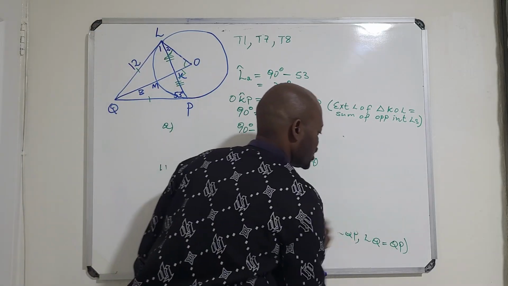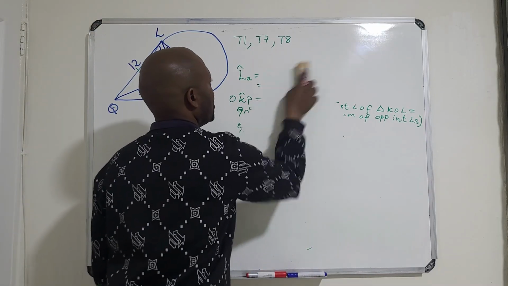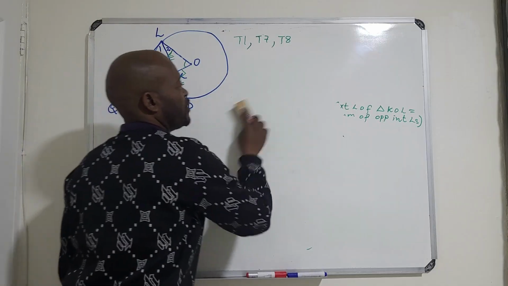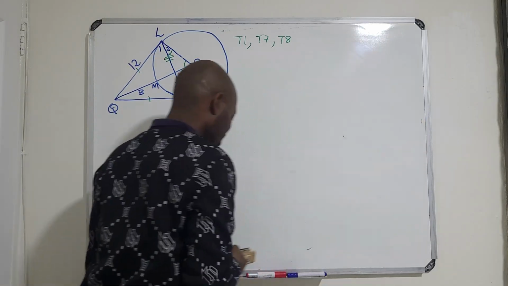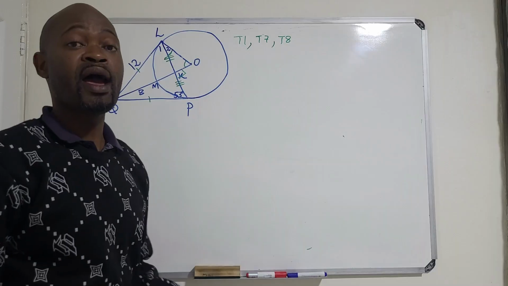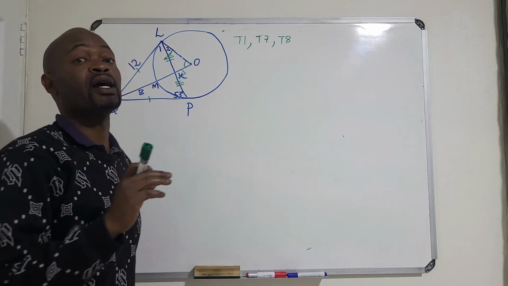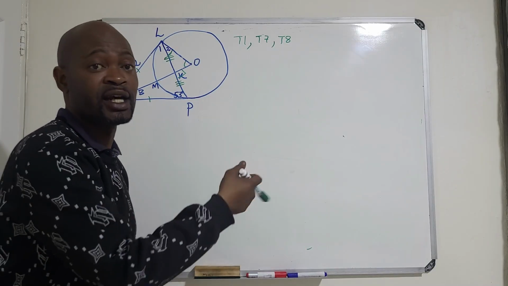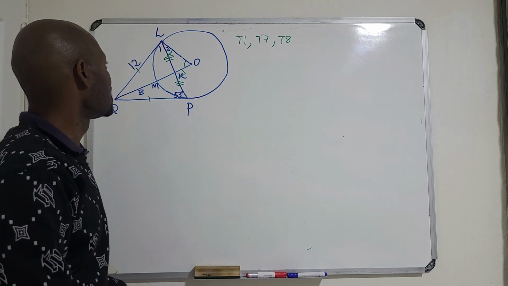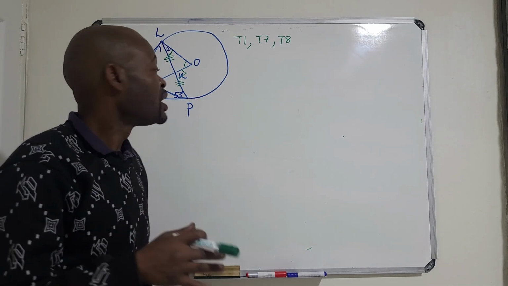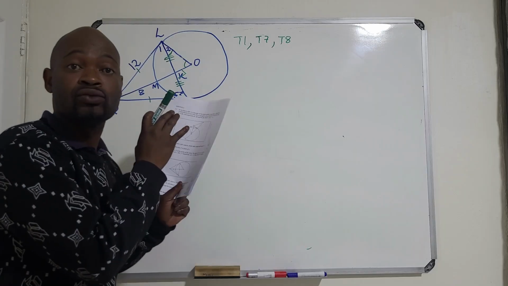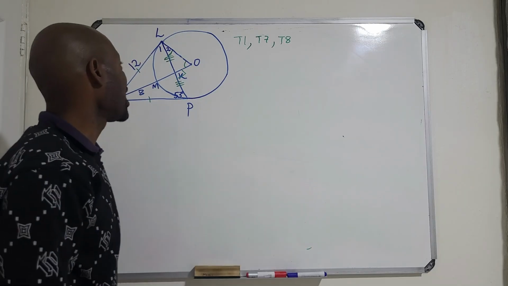Now, I want us to do C. With C, they say we must find the length of the radius. This is an example of a question where trigonometry does not work. I once promised in previous examples that there are geometric problems where trigonometric ratios cannot work.